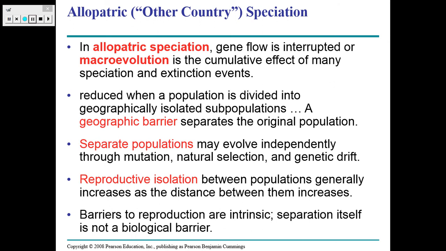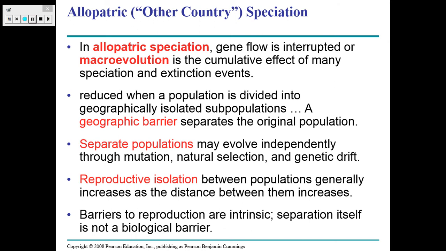Now, allopatric speciation, remember, is focused on a geographic barrier. Separate populations are going to then evolve independently through mutation, natural selection, genetic drift, all the things that we just talked about in Chapter 23 after the speciation event occurs.